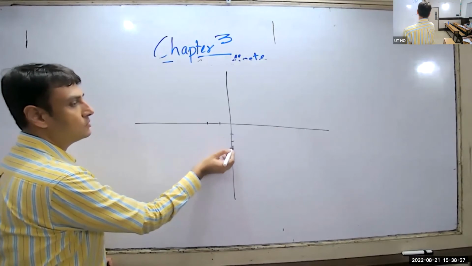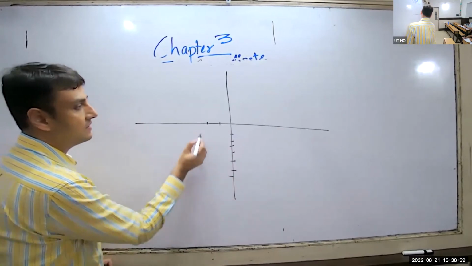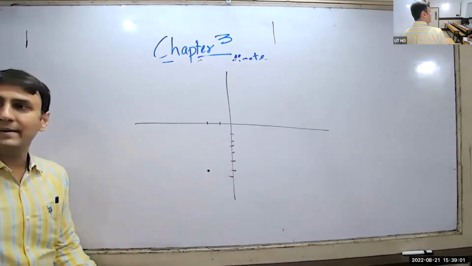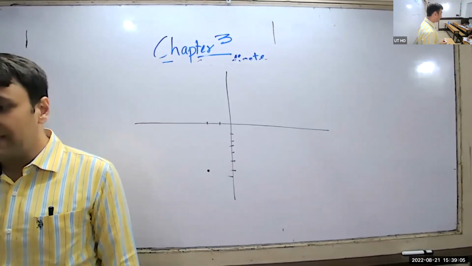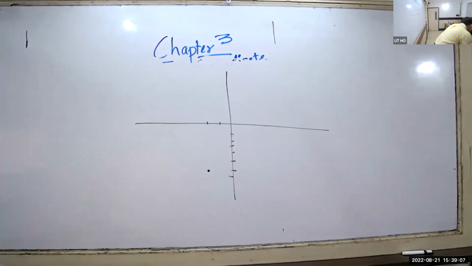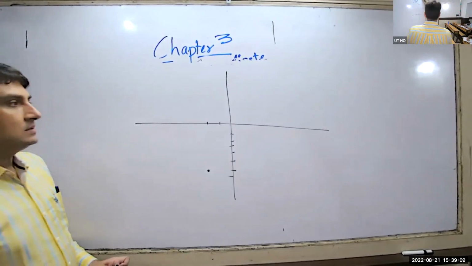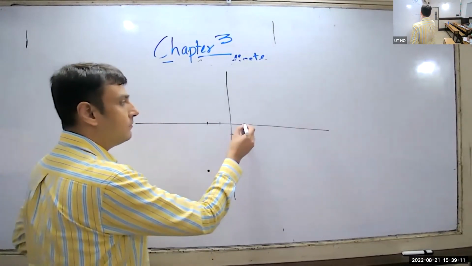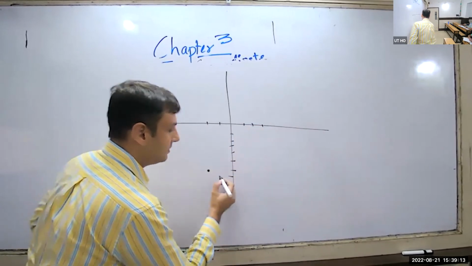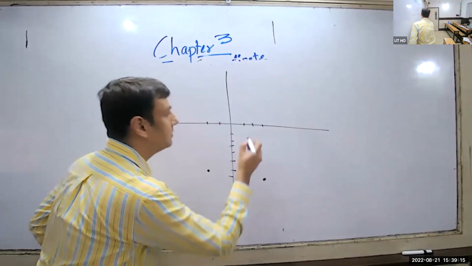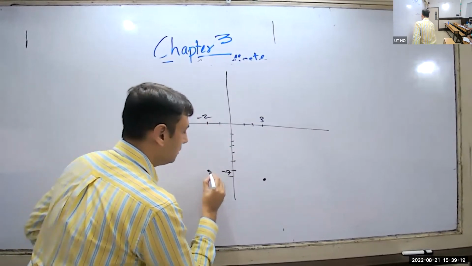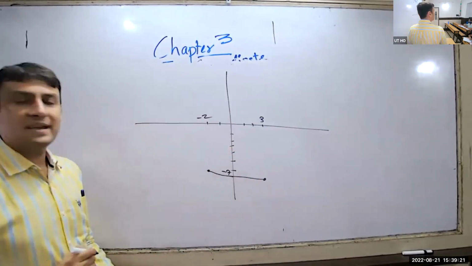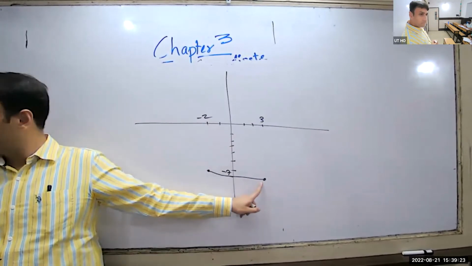-2, 1, 2, 3, 4, 5, 6, 7. This is one end point. Diameter का end point है ये. ठीक है. और क्या दिया है? Center, 3, -7 पे सेंटर है. 1, 2, 3. So if you see this, ये diameter का center है.